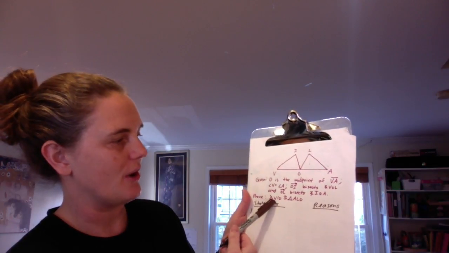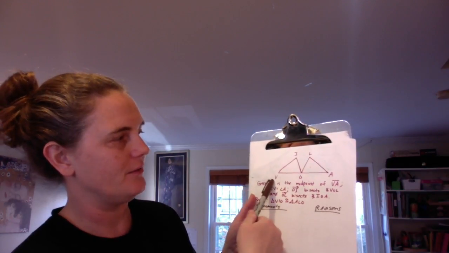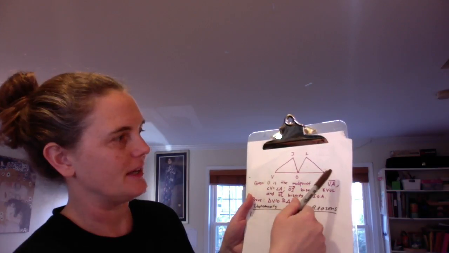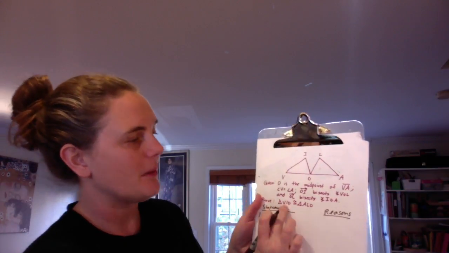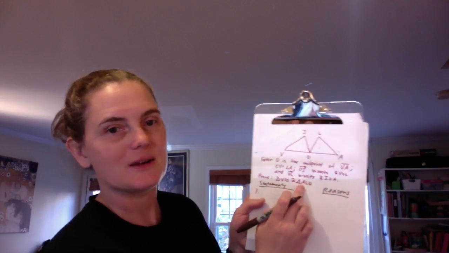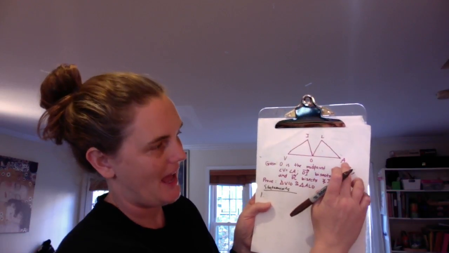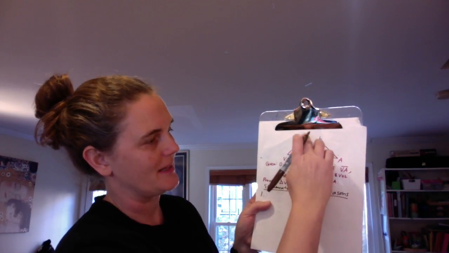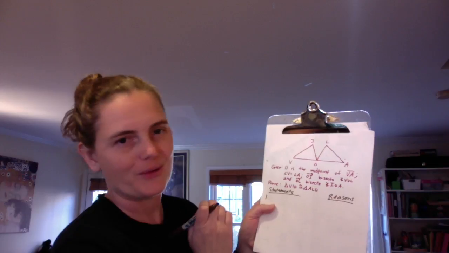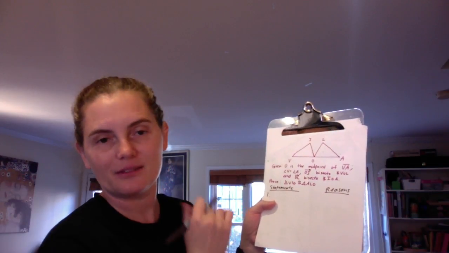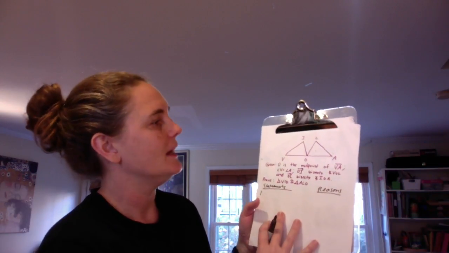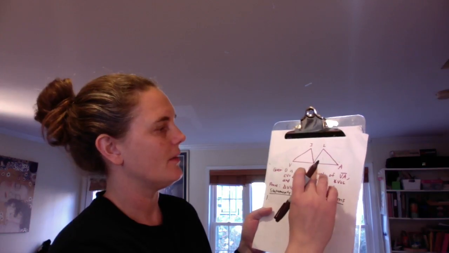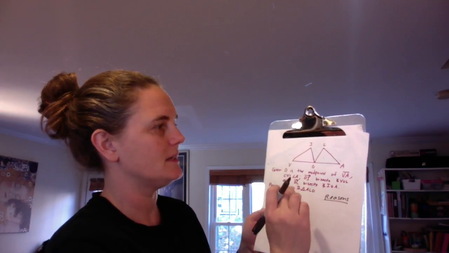What we are trying to show is that VIO is congruent to ALO. Now remember that it's written in a corresponding way, so that V corresponds to A, L corresponds to I, and obviously O corresponds to O, since it's the same thing. And we're given that O is the midpoint.